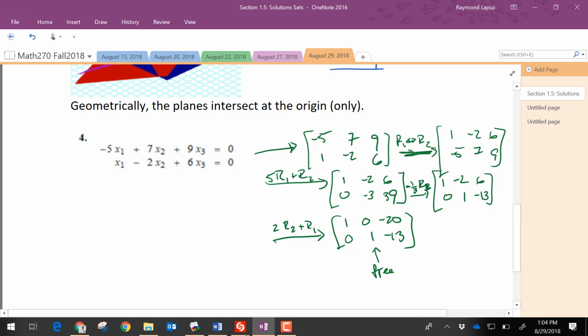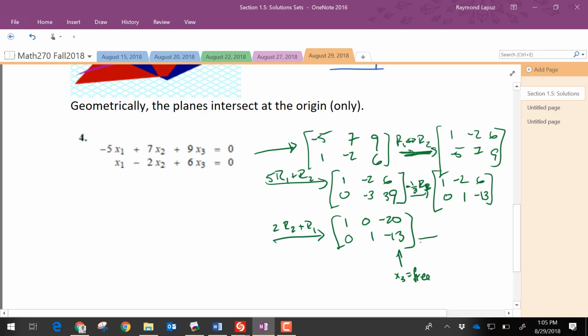So we'll call this, wait, that's not free. What's the free variable? The third one, right? So x3 is free. So our third variable is free. And then now if we back solve, we can solve for x2 and x1.